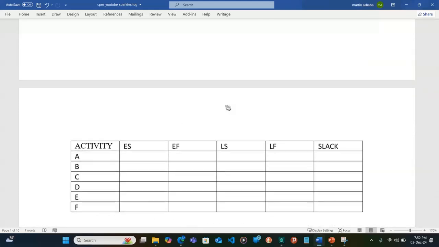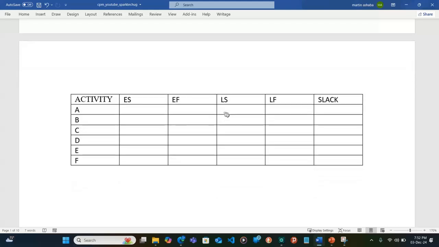So finally, the other area that we need to work on is the table that shows us the earliest start time, the earliest finish time, latest start and the latest finish time that will help us to calculate slack. And slack is actually telling us how much we can delay a particular activity without affecting the final completion date or without affecting the duration of the project.